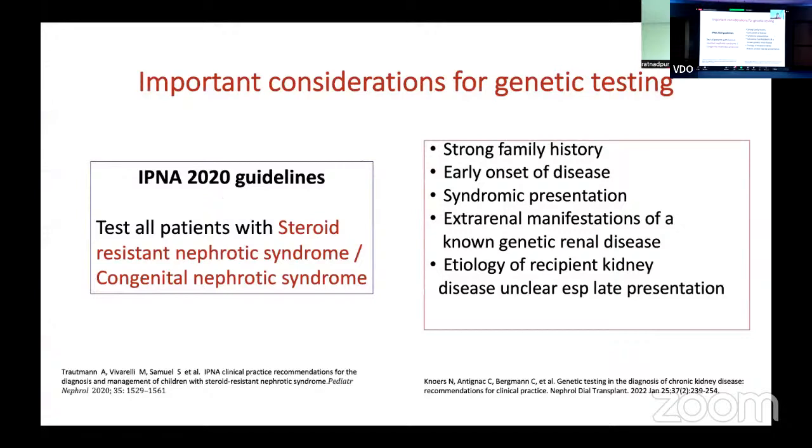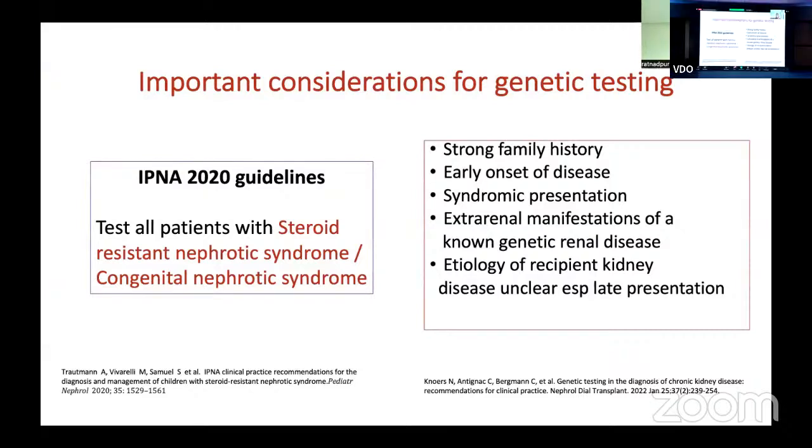So what are the important considerations when we talk about genetic testing? Where should we do it? As per the IPNA guidelines that have come out recently, for steroid-resistant nephrotic syndrome and congenital nephrotic syndrome, we need to test all patients because majority of them have inherited monogenic disorders that can explain the disease phenotype.